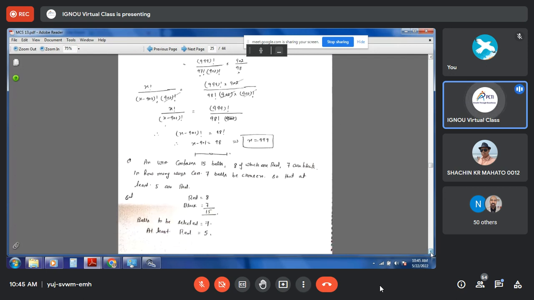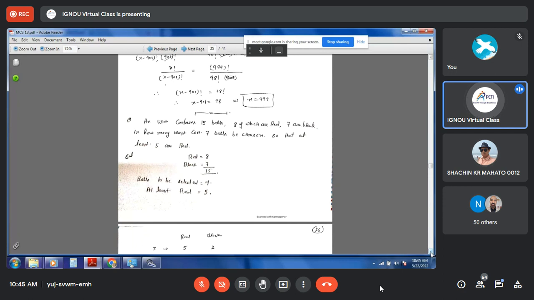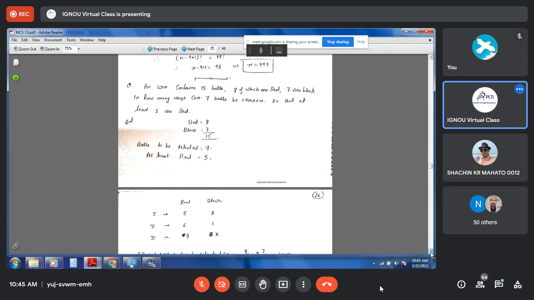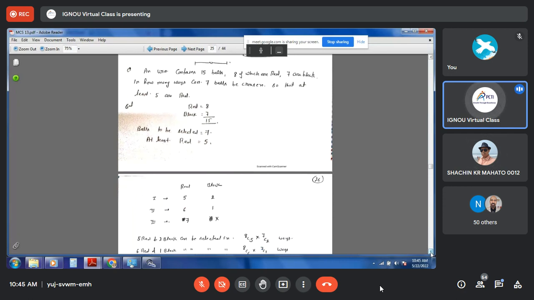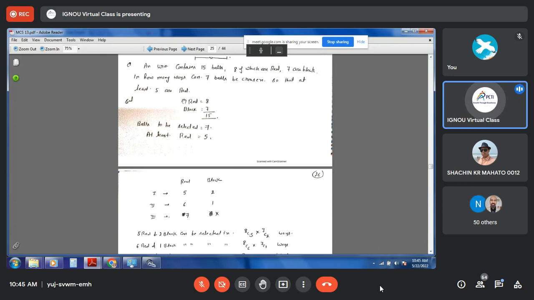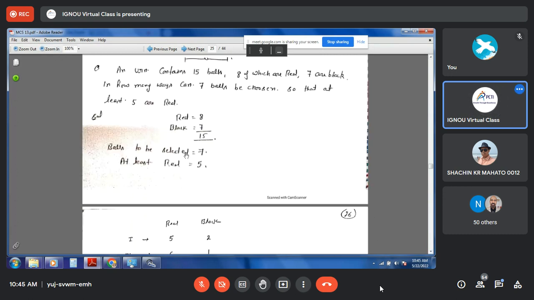Now see the numerical, it's also from your booklet, either from your booklets or from your exams. And mostly the same numericals will appear in the exams.